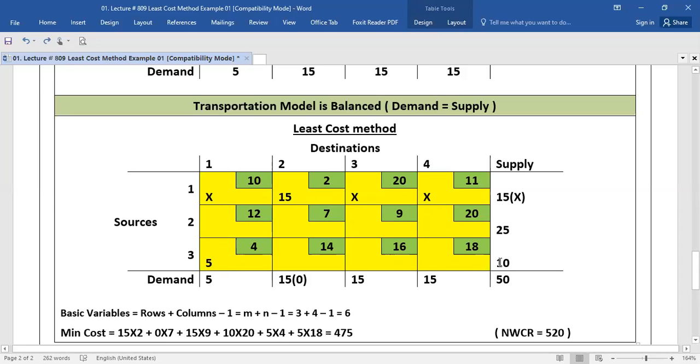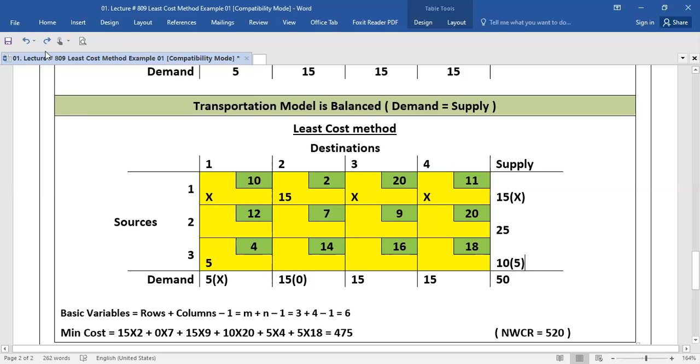We put 5 in this cell, put a cross in front of 5 and put 5 in front of 10. It means 5 supply is remaining, whereas the column is completely satisfied, so we put a cross in the blank cells of that column.